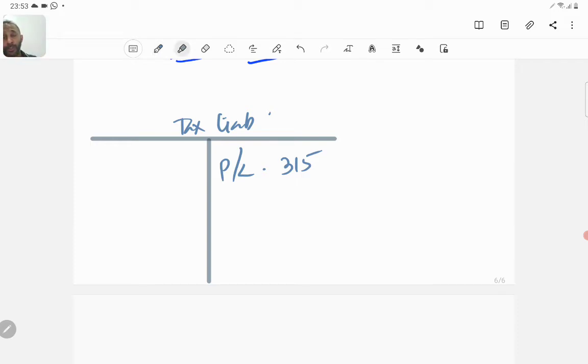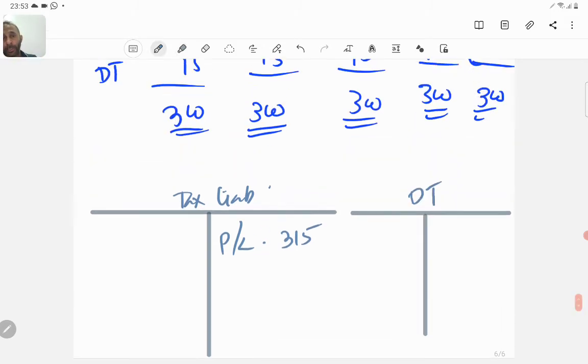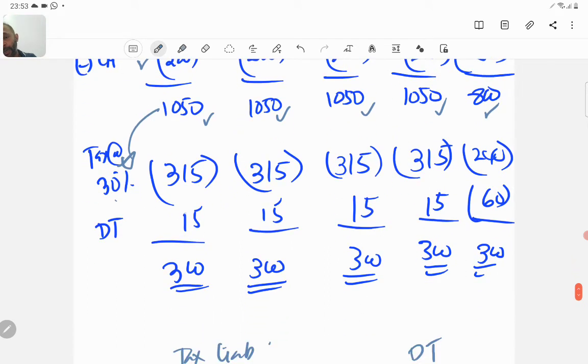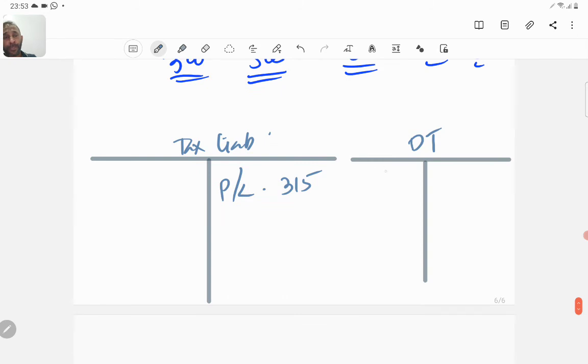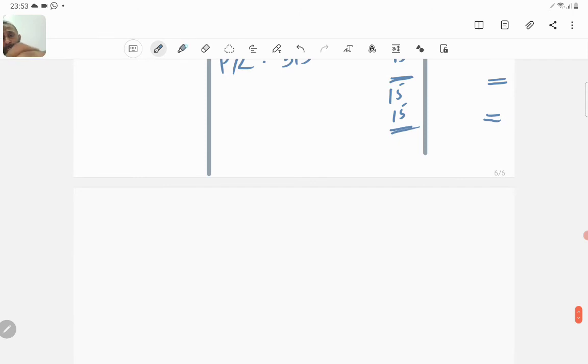In addition, in order to smooth out the accounts, we will then have a deferred tax account. This I am crediting to P&L, so I should debit to the deferred tax account. Every year I will be debiting. Second year will become another 15.